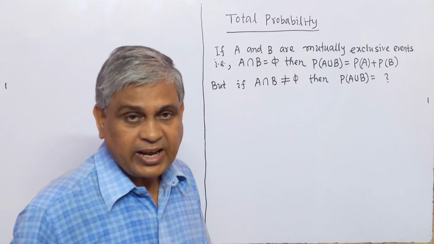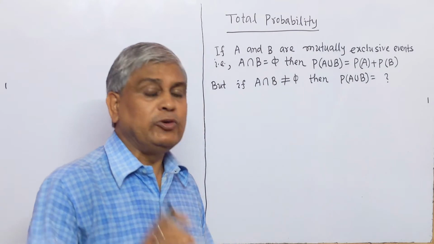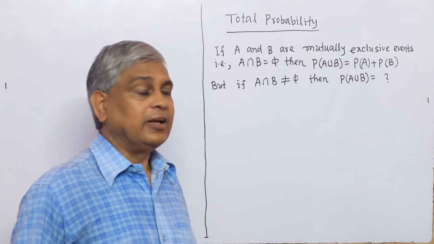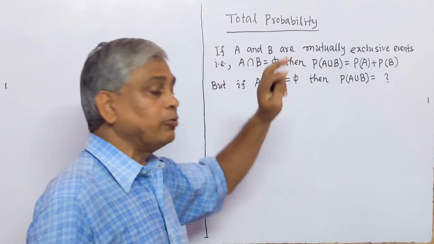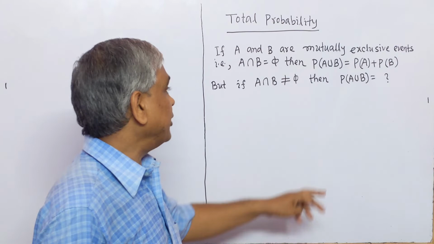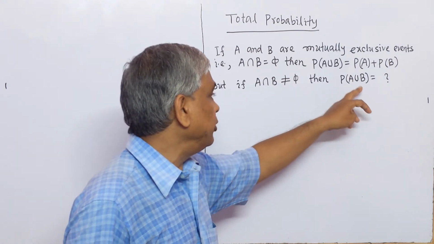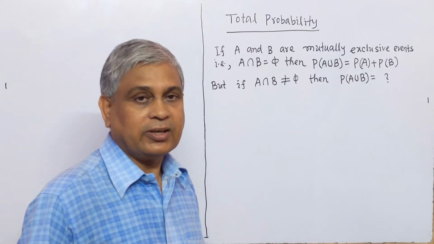Now question is that if A and B are not mutually exclusive events, that is if A intersect B is not equal to phi, null set, then what will be the value of P(A union B)? Now we solve this.